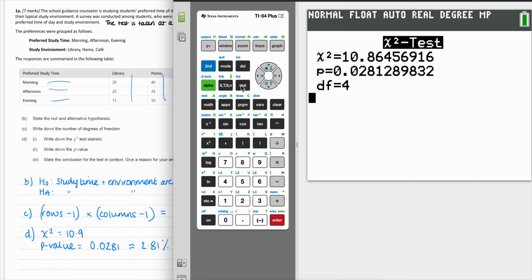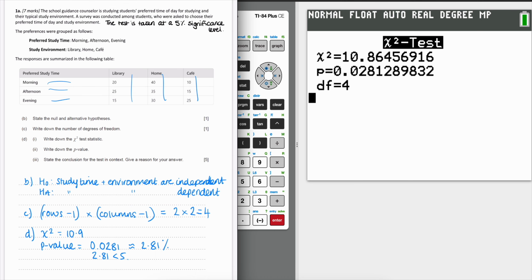And 2.81% is less than 5%, and therefore 2.81 is less than 5, which is my significance level, and that means that we reject the null hypothesis since the p-value is smaller than the significance value.